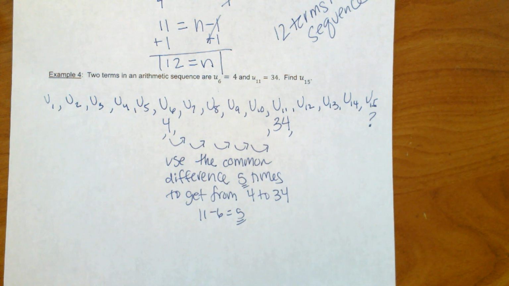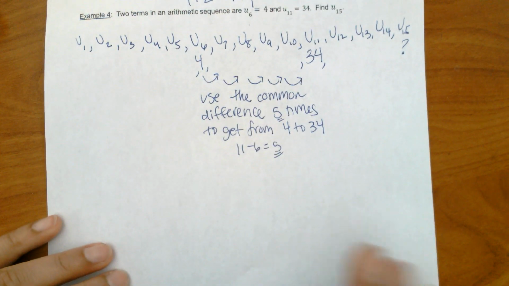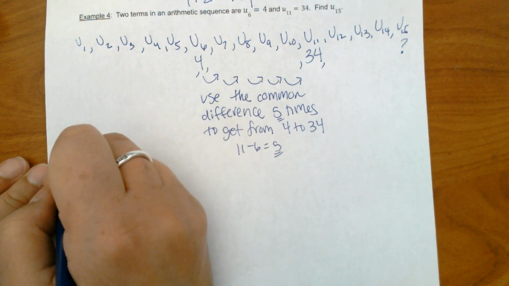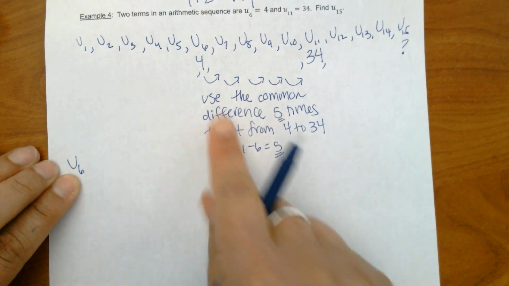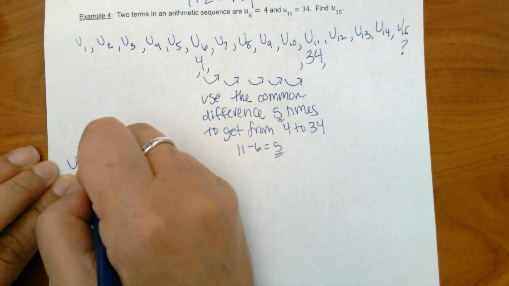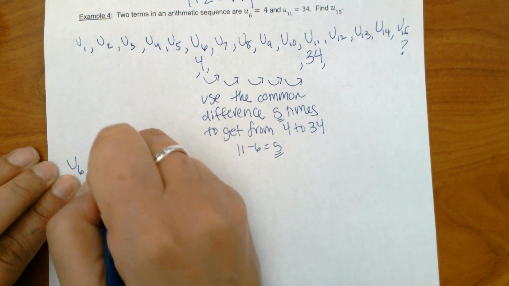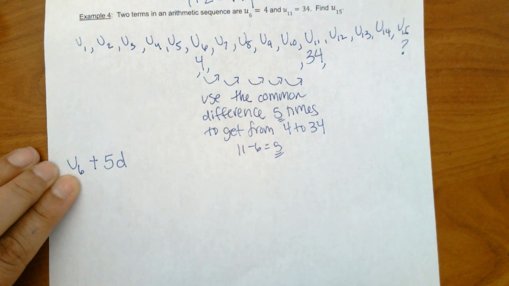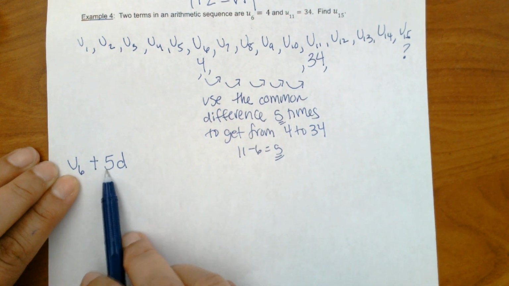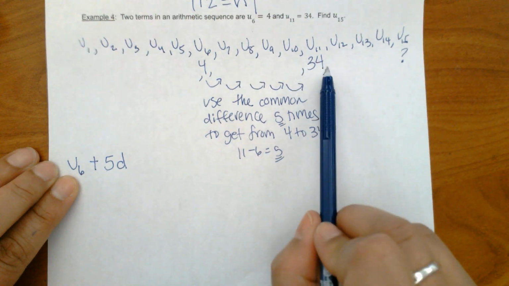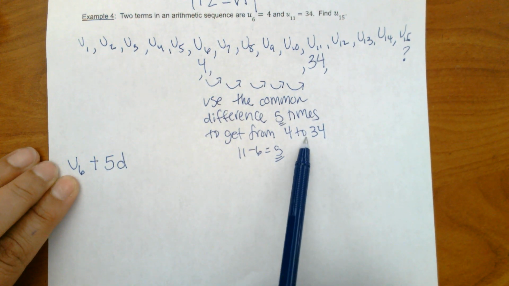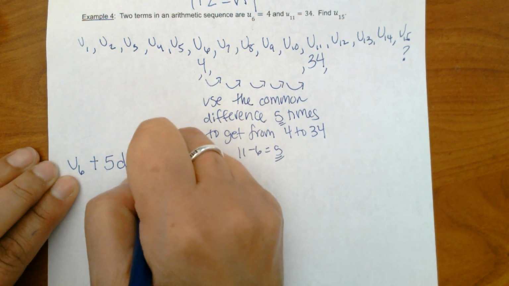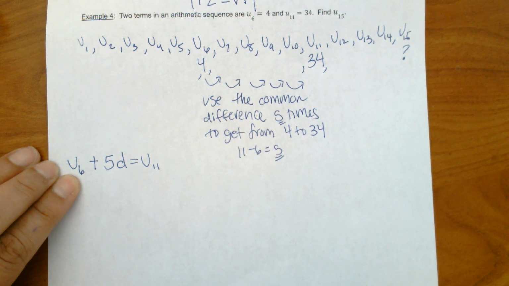Okay, so knowing that, what we can do is set up an equation. We can take u sub 6, which is 4, and add the common difference 5 times. So this is 5 times our common difference to get us from 4 to 34. We just found that out here. And that's going to get us to u sub 11.